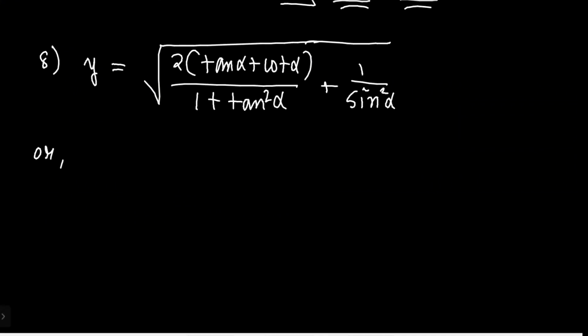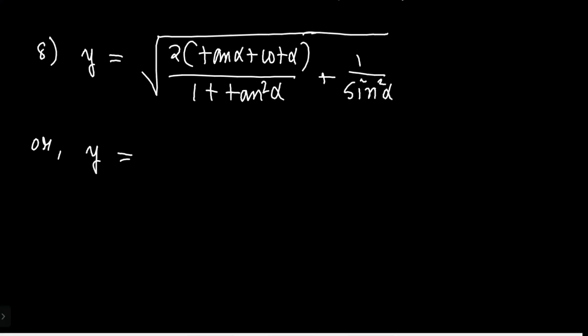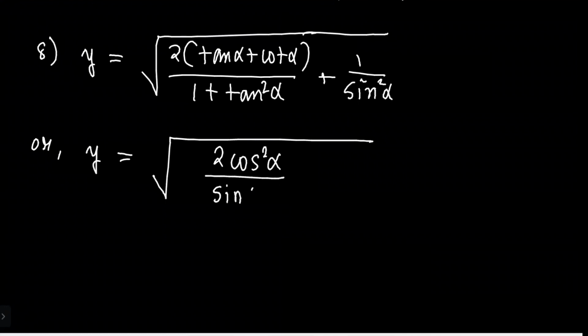Now, if we break the tan alpha and cot alpha into sine and cos, we have to first simplify this equation as much as we can, so that we can differentiate the expression. If you simplify this, you will get 2 cos square alpha by sine alpha cos alpha plus 1 by sine square alpha.